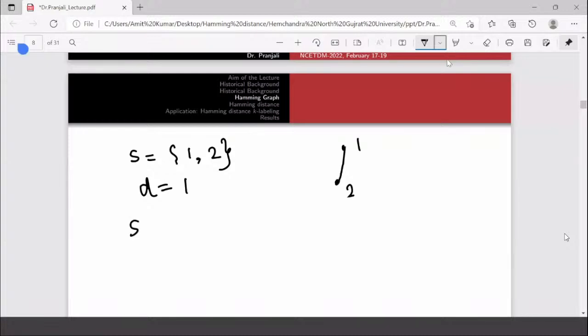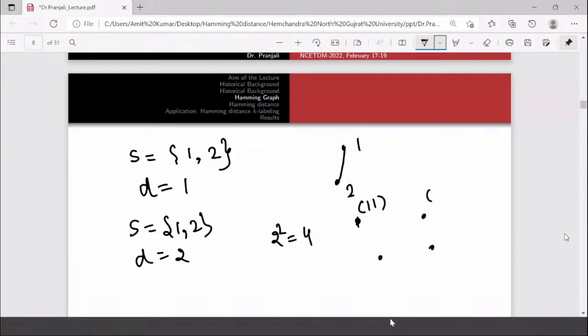Now, if I don't change S but change D to 2, then there will be 2 to the power 2, that is 4 vertices. So take the 4 vertices, and how will they come? These are (1,1), (1,2), (2,2), and (2,1). Now these are the vertices of the Hamming graph. Now, how will two vertices be adjacent?